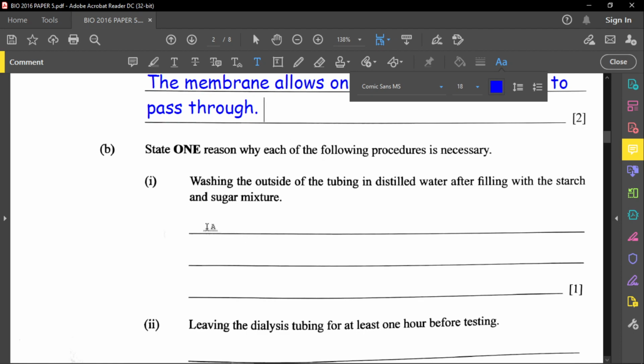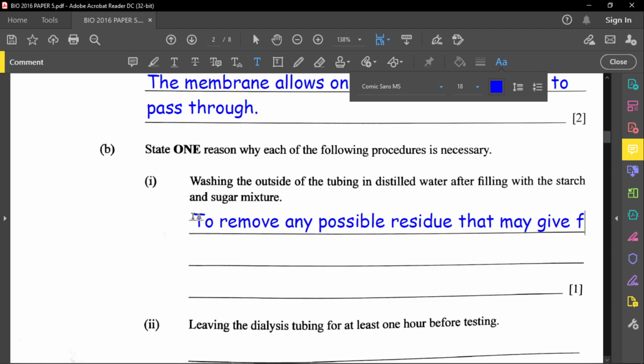So this is to remove any possible residue that may give false results, okay? All right, so that's the purpose of rinsing the tubing in distilled water, okay?